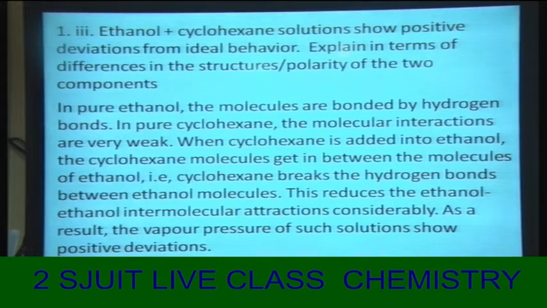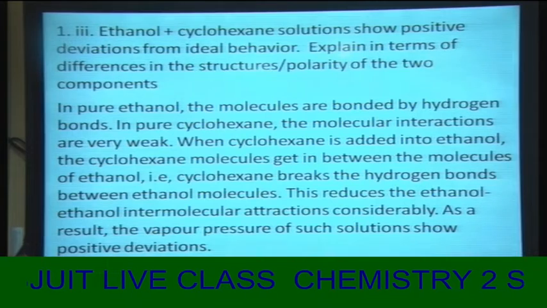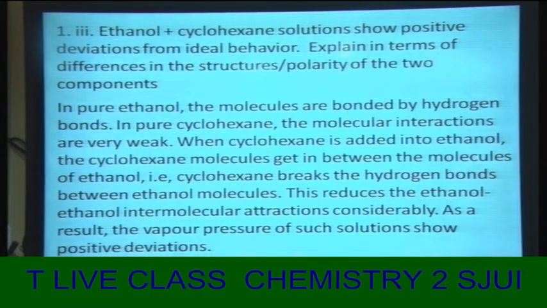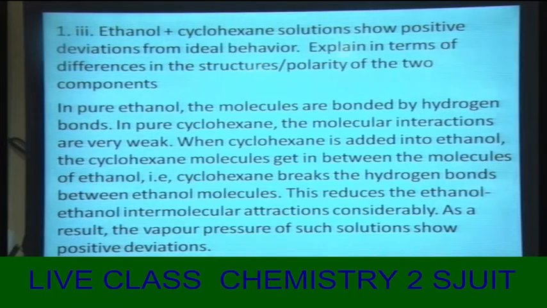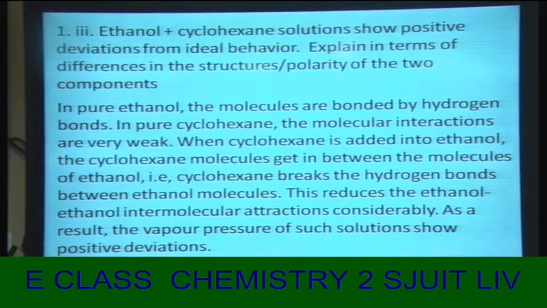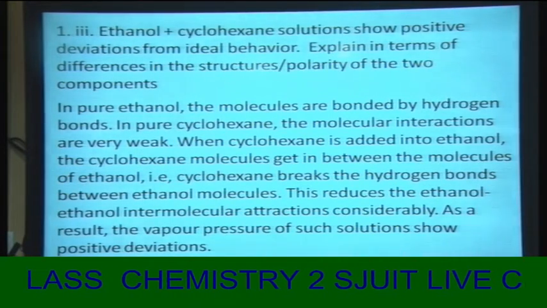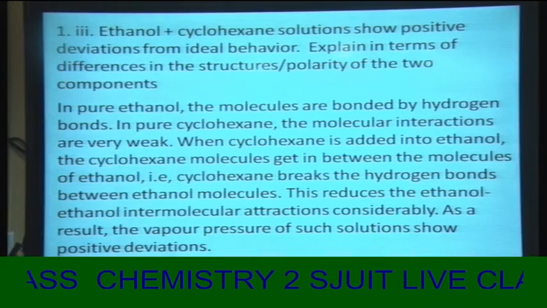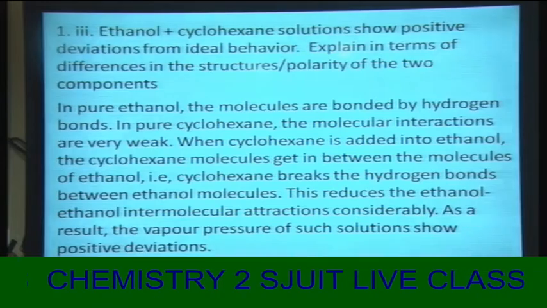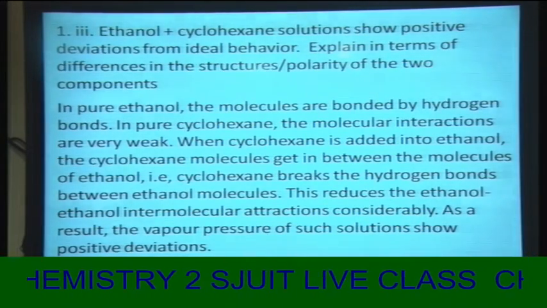This results in a reduction in ethanol intermolecular interaction, that is hydrogen bonding, and hence the vapor pressure of such a solution will show a positive deviation. This means that a higher vapor pressure will be formed, which is contrary to that expected from Raoult's law.